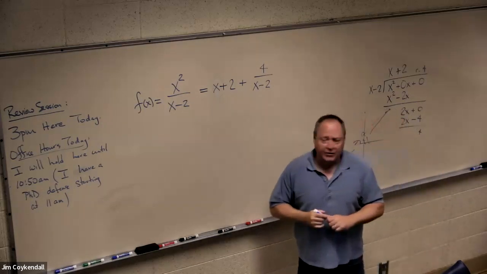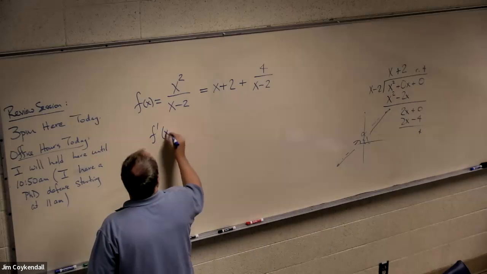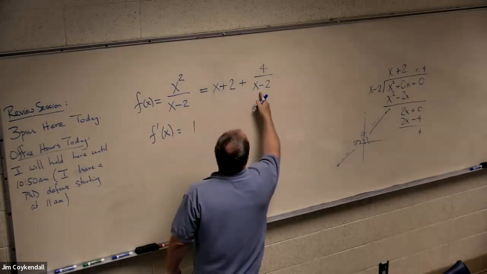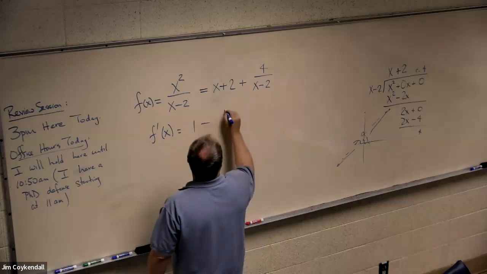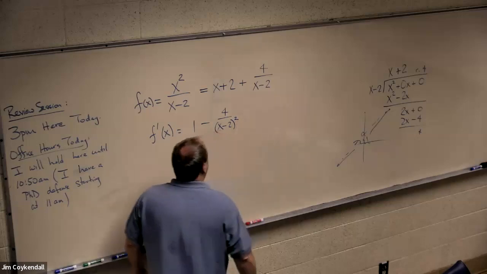This also, in a certain sense, makes taking the derivative a little bit easier. Taking the derivative of this, I get 1, and this is minus 4 times x minus 2 to the minus 2 power.